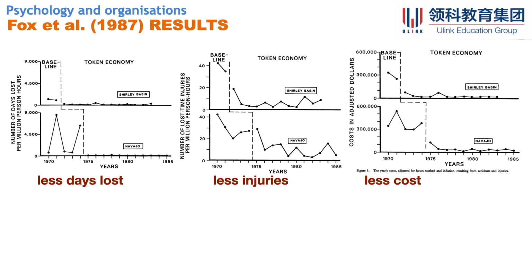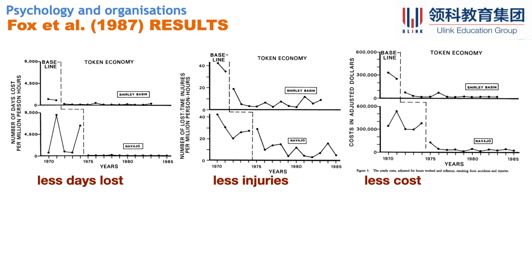The data is overwhelmingly convincing that the program did work, not just in terms of saving people an arm or a leg, literally, but also saving money for the company. I hate to say it, but companies are interested in making money. I mean, that's why companies exist. Safety first is a nice little gesture or thing to say, but honestly, companies exist because they need to make profit.